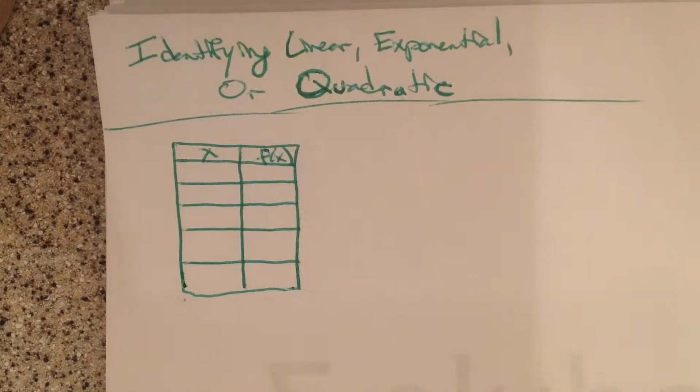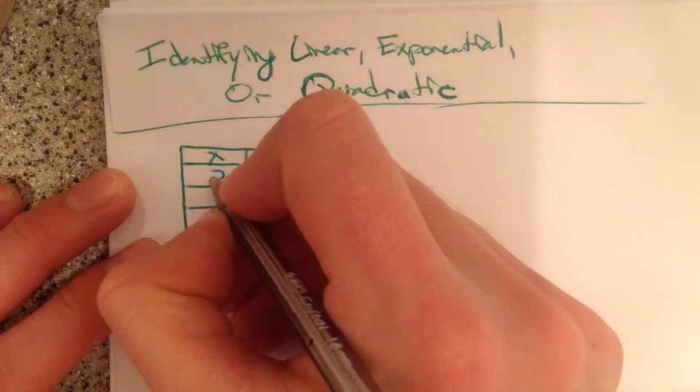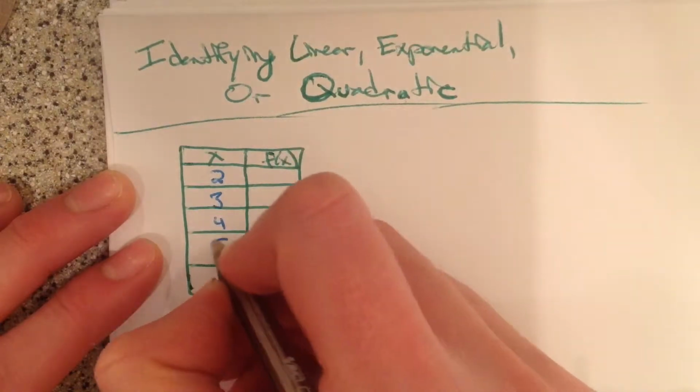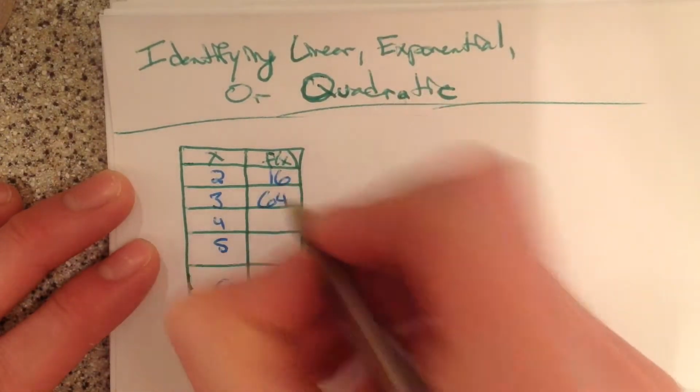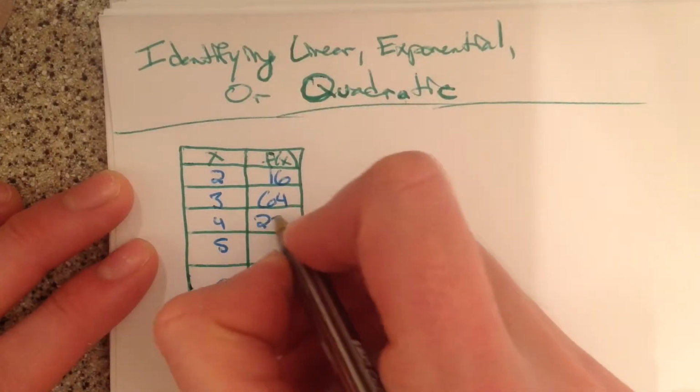Let's look at tables and see if we can identify whether the function in the table is linear, exponential, or quadratic. So say we were given the x values 2 through 6, and the y values that paired with them, that looked like this.